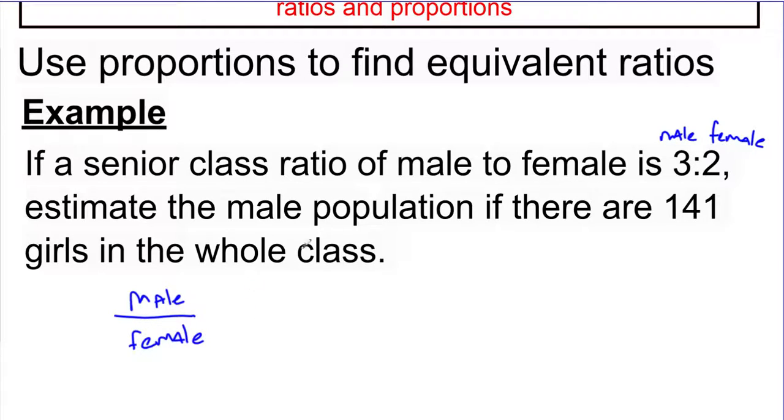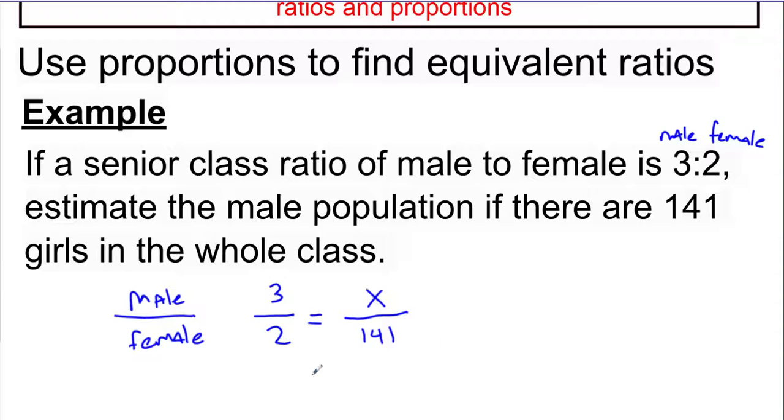Male was 3, female is 2. I'm setting up a proportion to find the equivalent ratio. They're telling me that there are 141 girls in the class, so I'm going to make this 141. I don't know male. It says estimate the male population, so I'm going to put an x there. Now I'm just going to solve the proportion.